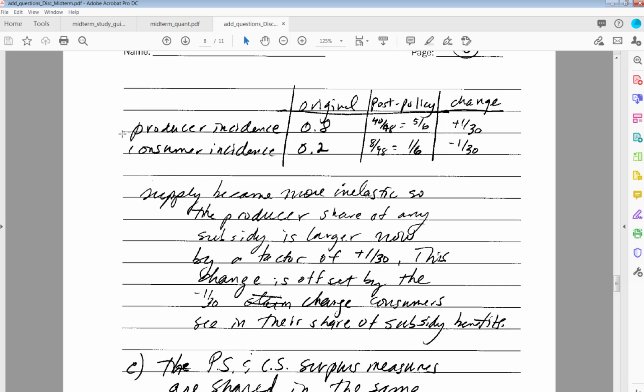Again, I'm given a table that records the result, but if I'm writing an exam answer, I want to give a couple of notes that explain my table and the process, so I'm clear about how I'm answering the question. The question said, what are the impacts on the price incidence, producer and consumer?